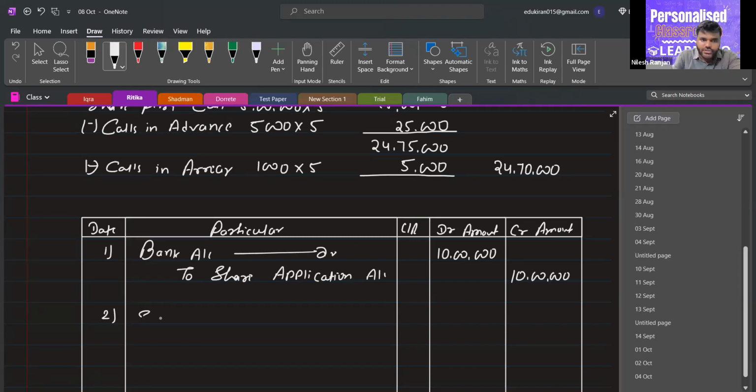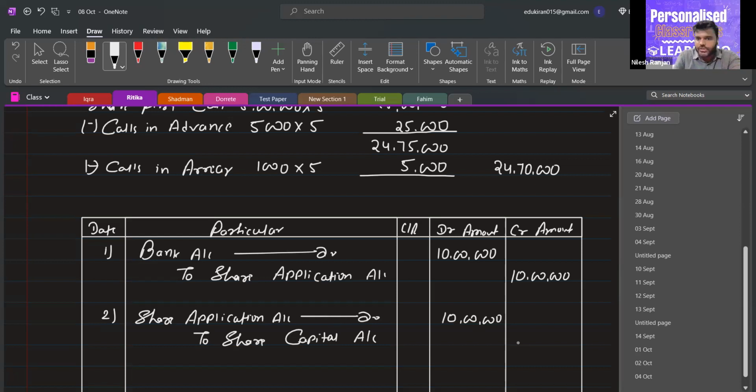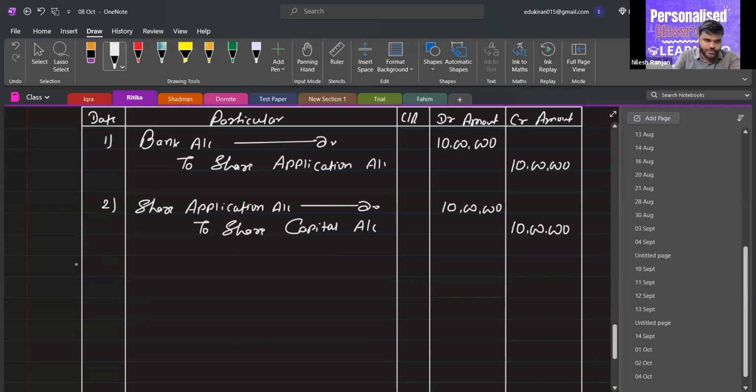Now the second entry will be share application account debit to share capital account. Yes, sir. Amount will be the same because there is no adjustment in share application. So this is our first entry for share application.